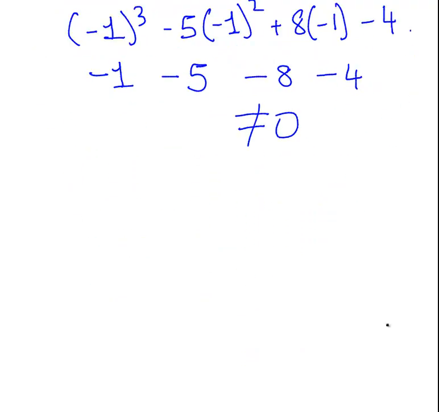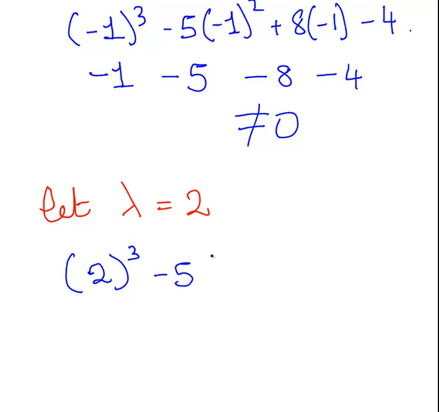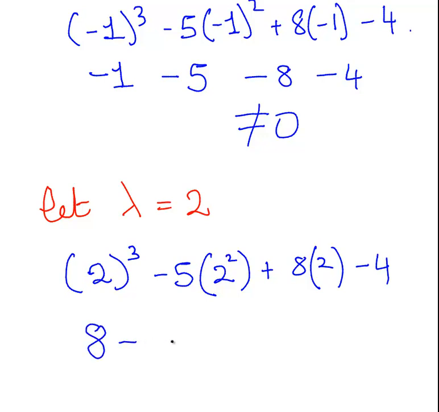Okay, so we'll move on to lambda equals plus 2. So 2 cubed minus 5 times 2 squared plus 8 times 2 minus 4. 2 cubed is 8, minus 5 times 4, that's 20, plus 16, minus 4.